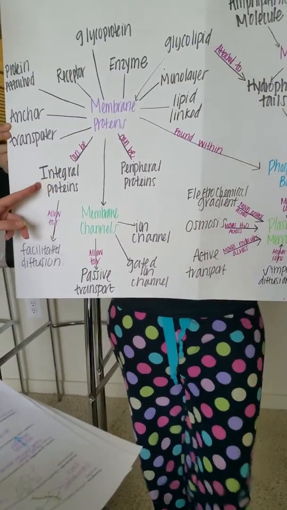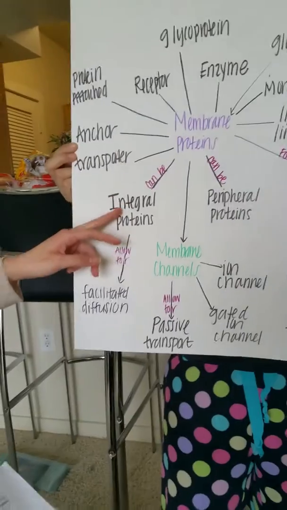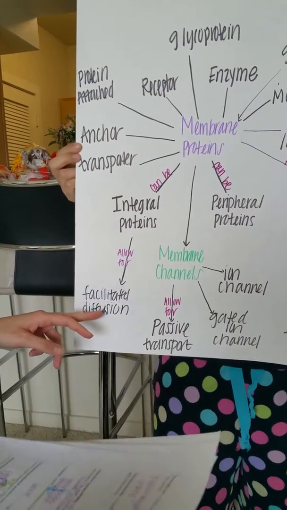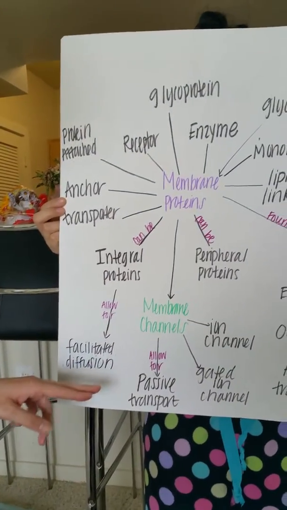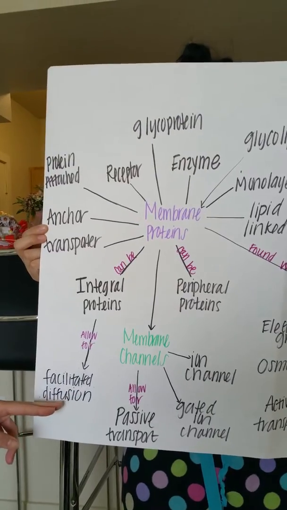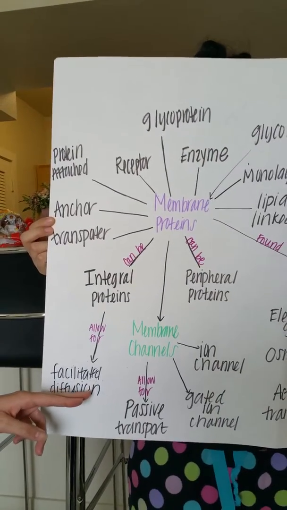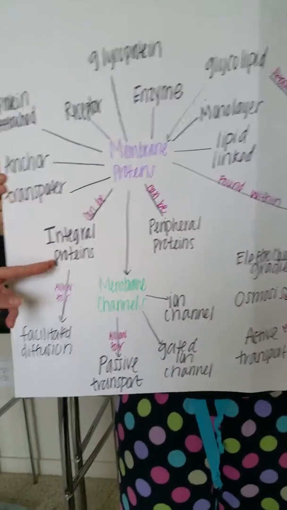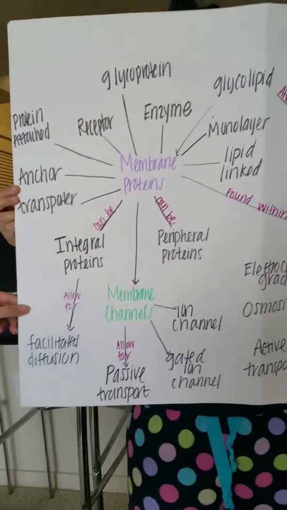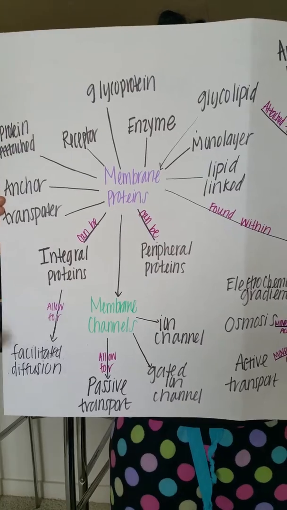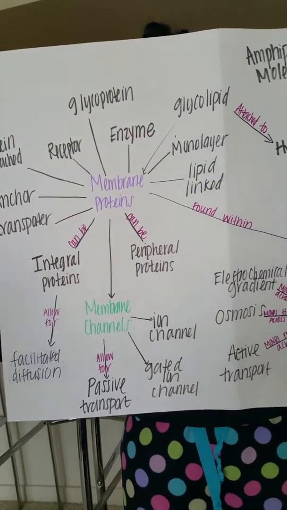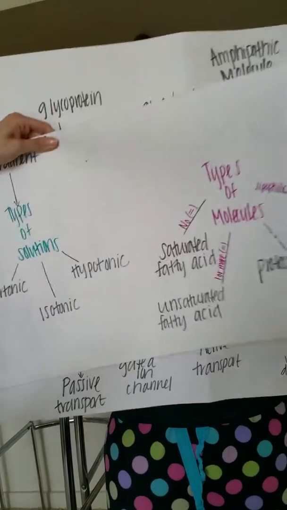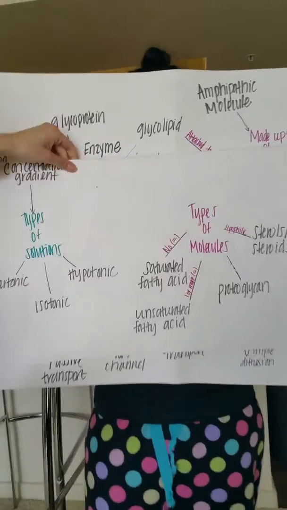Integral proteins allow for facilitated diffusion. So only certain molecules can pass through the cell membrane with specific integral proteins. And that is that. Now we're going to switch over to this map.